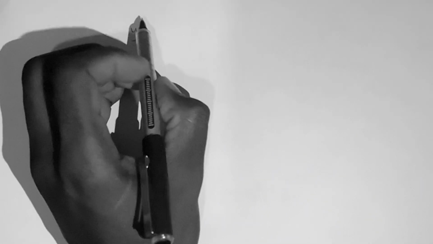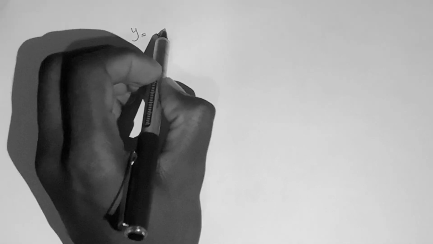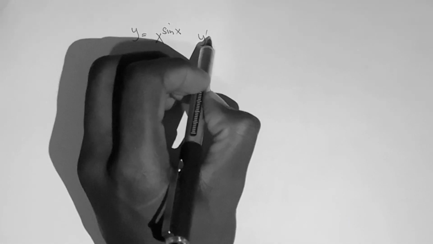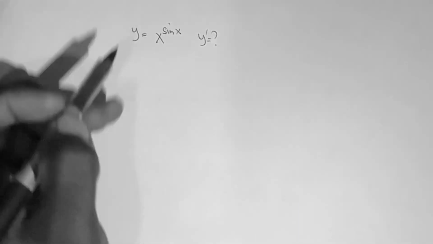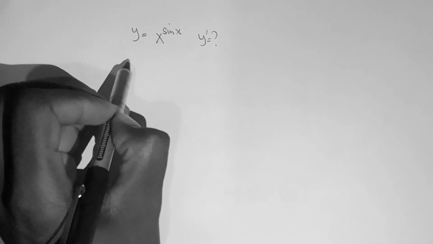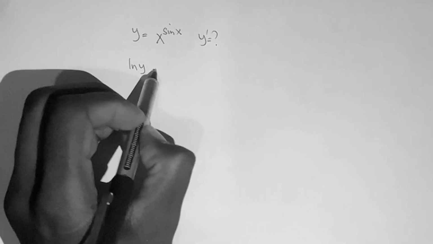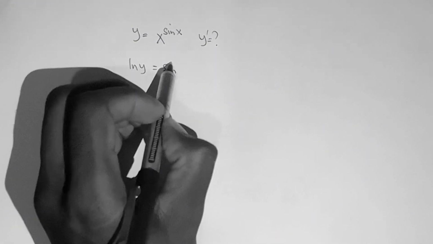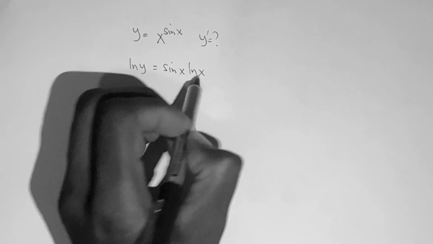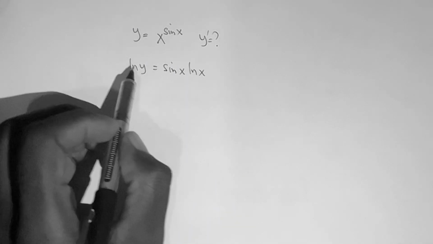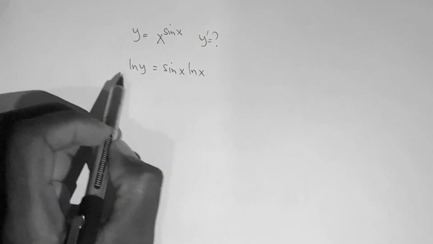So we have this question here, which is if y is equal to x exponent sine x, then what is y prime? So let's take log of both sides. ln y is equal to sine x ln x. Now for this differentiation, you need to use the product rule.